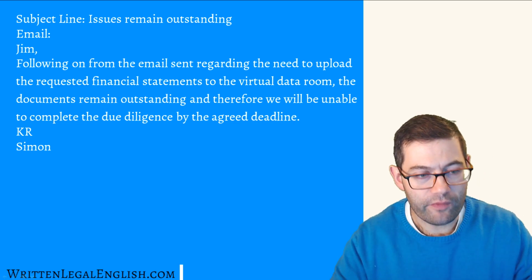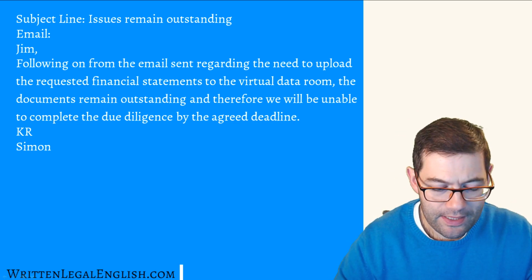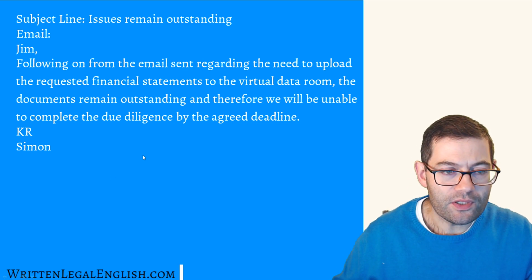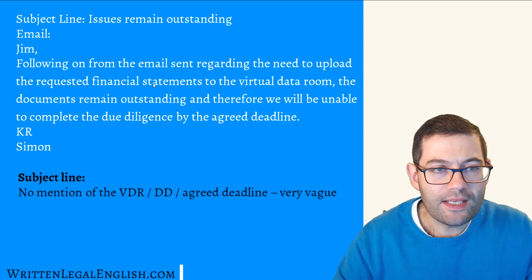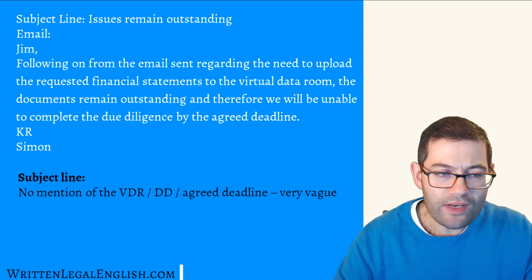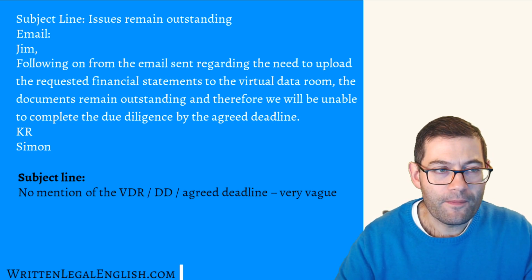So let's start off. The first rule that we looked at in the webinar a couple of days ago was the subject line. There we go, the subject line. The subject line says "issues remain outstanding." But the problem with this subject line is that it doesn't really tell us anything about what the email is about.